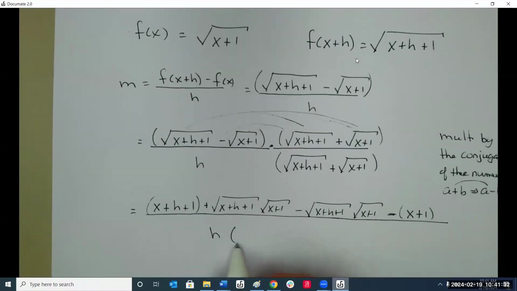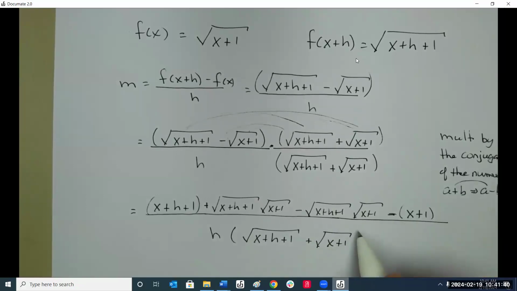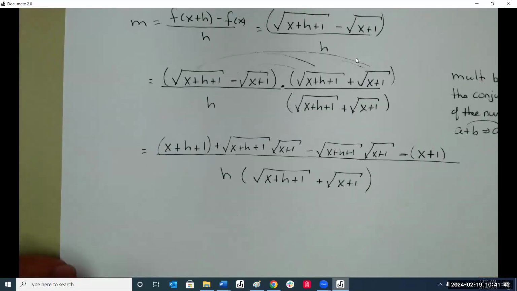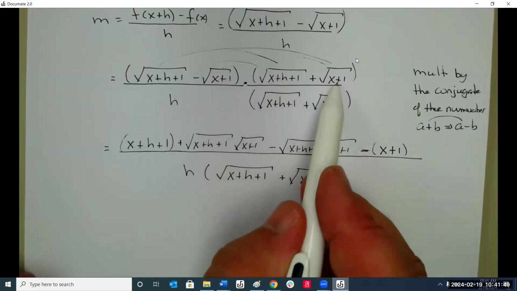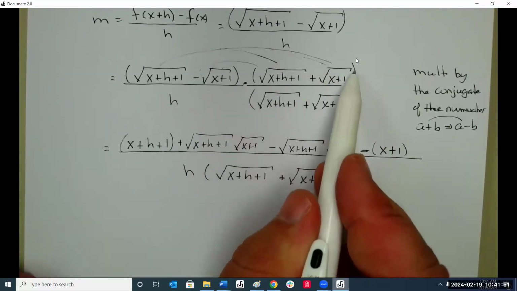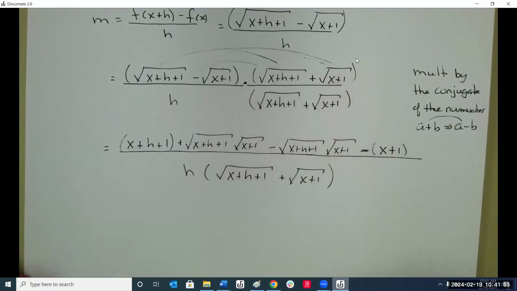Now on the bottom, the radical times is the same thing, it's just squared. The exponents, the squares cancel.